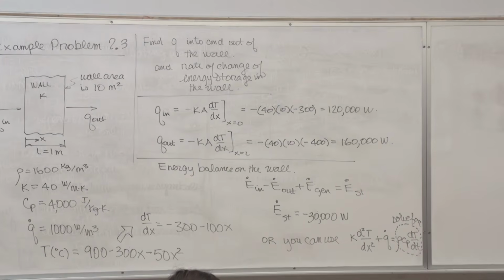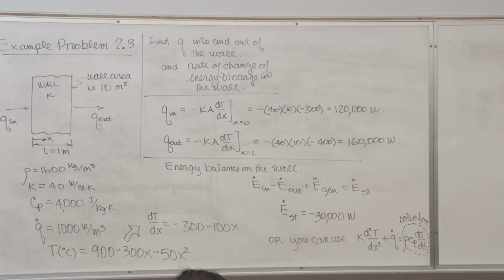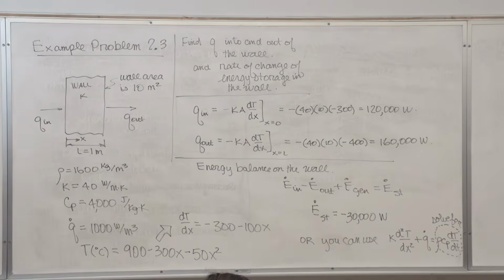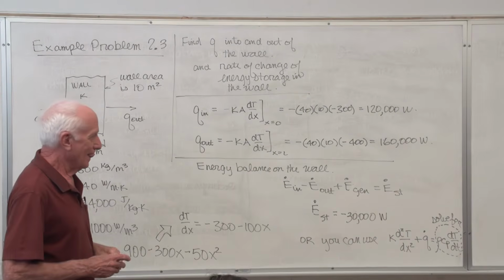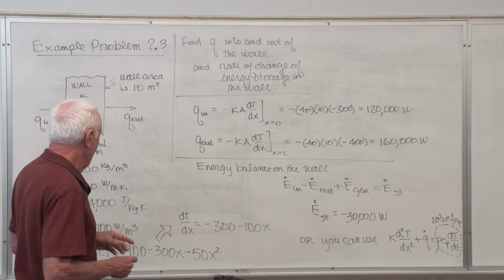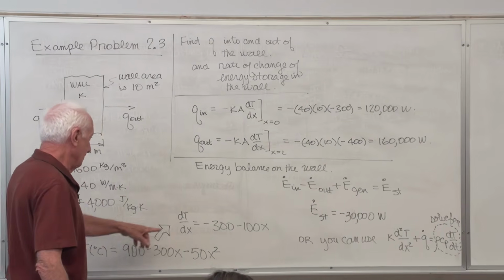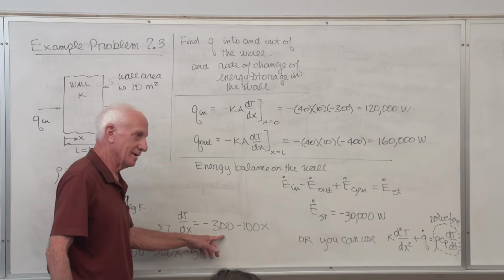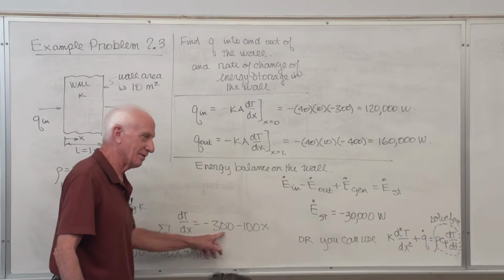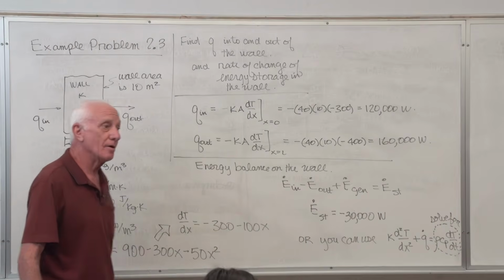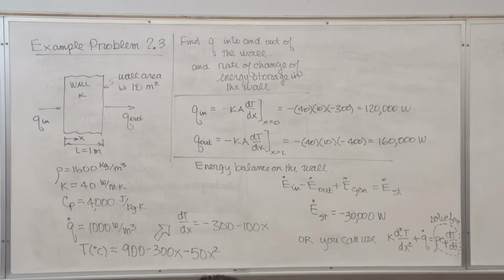If you were to use the equation that you wrote at the bottom, the partial T with respect to x would be a function. Here it is right here. Second partial, minus 300. I'm sorry, minus 100. This guy goes out. Second partial is minus 100. So there's no x in it.